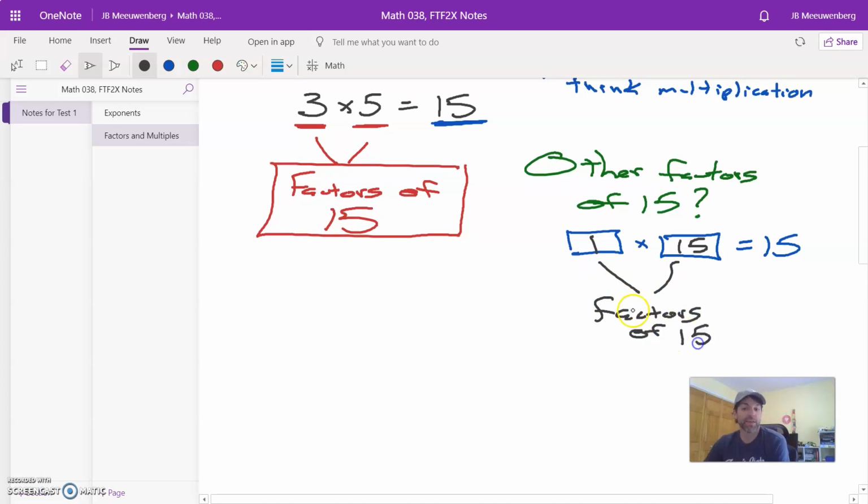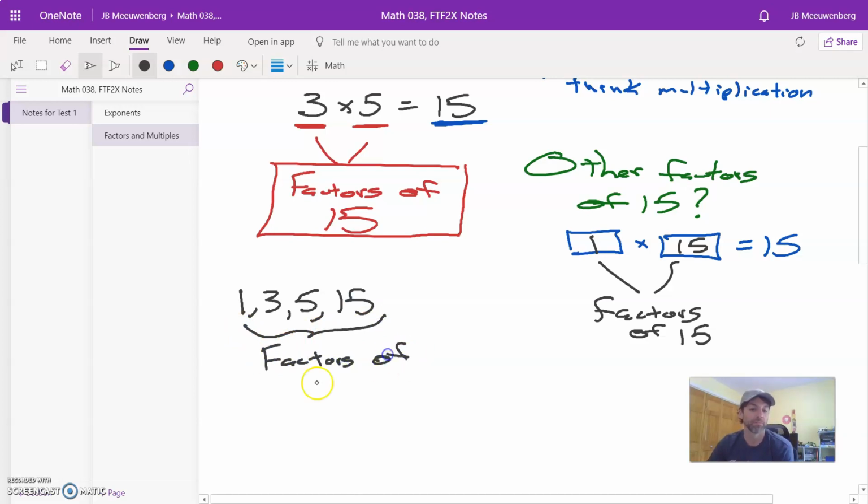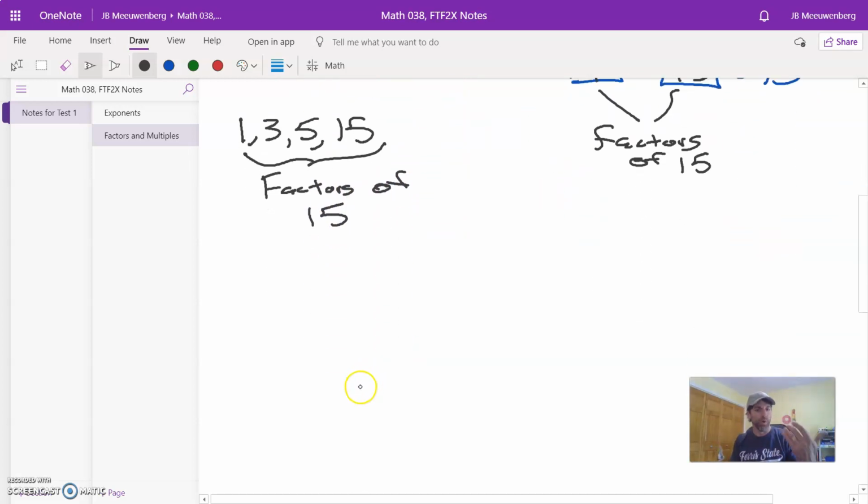So that's all. There are no more factors of 15. So we say that 15 has factors of 1, 3, 5, and 15. That's the list. 1, 3, 5, and 15 are the factors of 15.